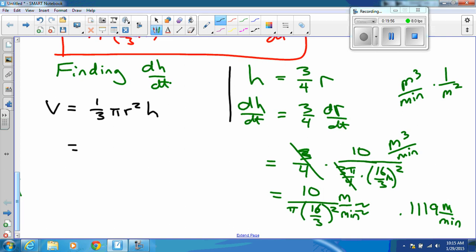So what do I do about that? And what do I sub in? You want h to, so h does equal 3/4 of r. And what do I get?